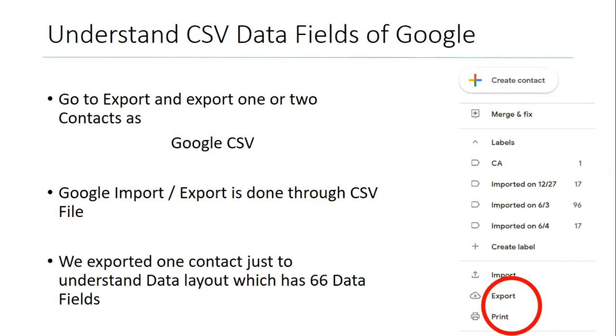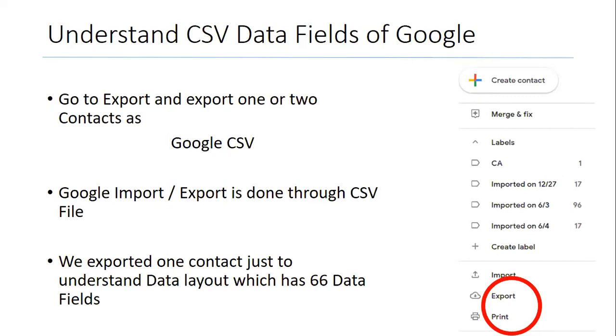But first we'll export one contact here so that we come to know how Google is saving this data. We'll go to contacts and click on export. The moment you click export, it will ask how many contacts you want to export. You can select one or two contacts from your existing data, and Google will export that data into a CSV file, which you can save on your desktop.